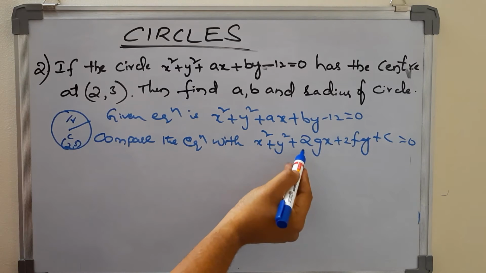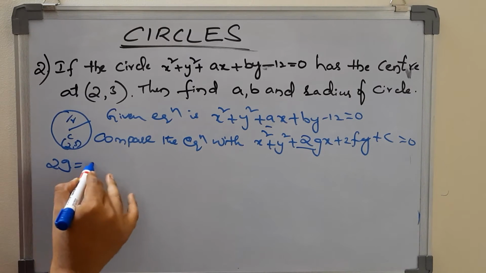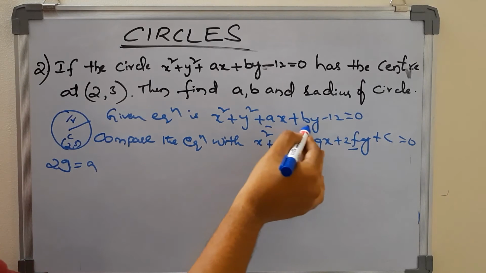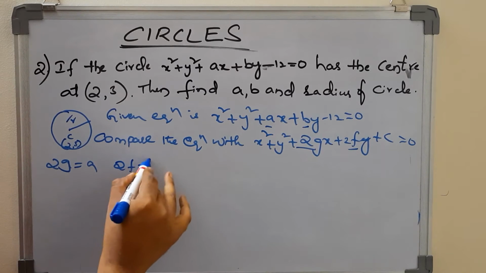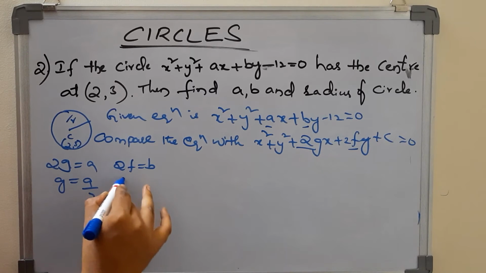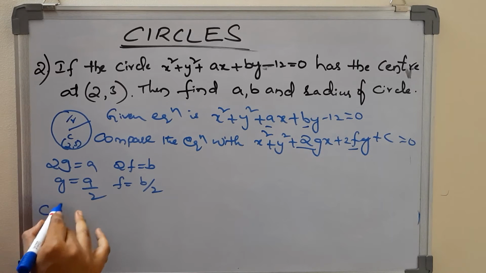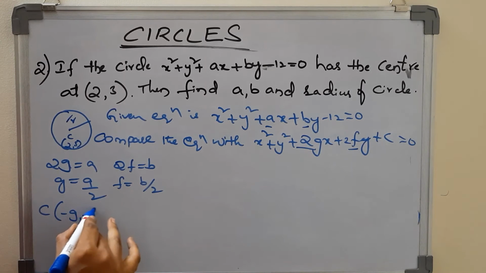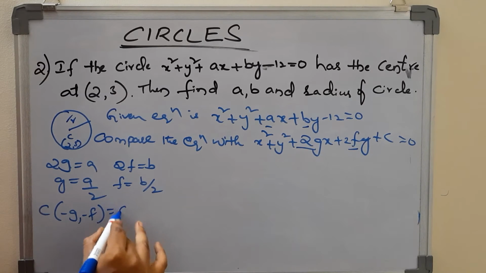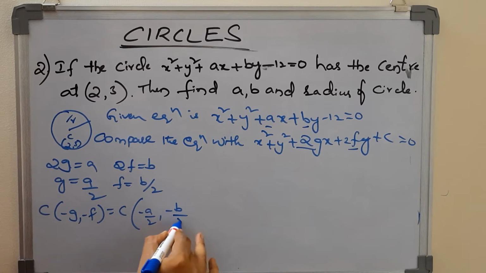After comparing, 2g is equals to a and 2f is equals to b. So g can be written as a by 2 and f can be written as b by 2. So what is the center? Minus g comma minus f, that means the center is minus a by 2 comma minus b by 2.